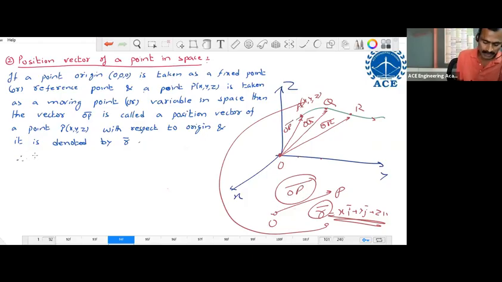Therefore, OP bar or r bar equals x i bar plus y j bar plus z k bar.